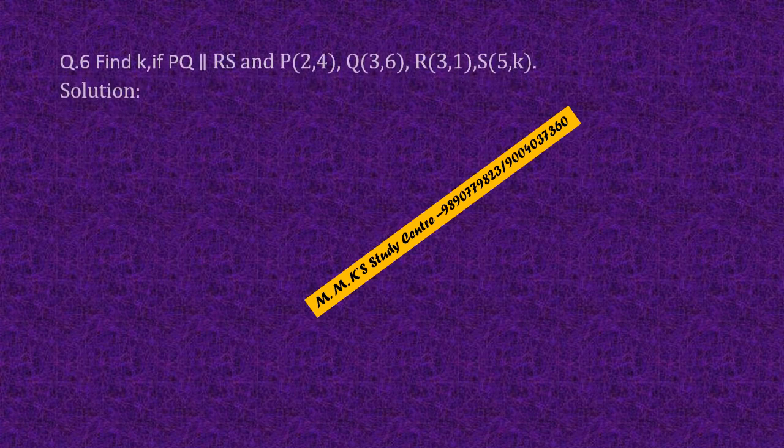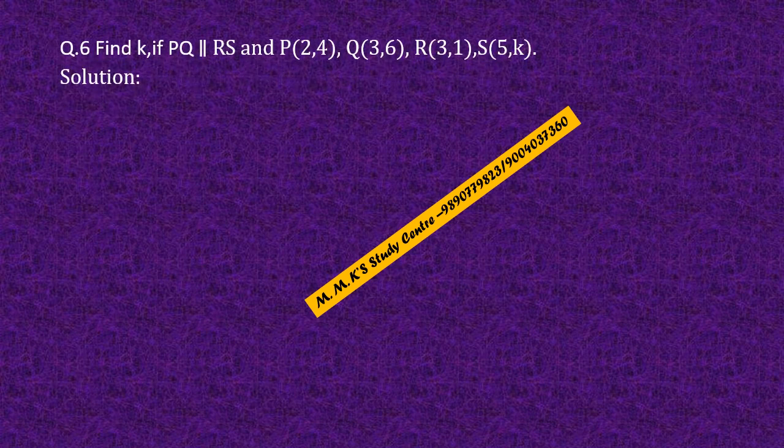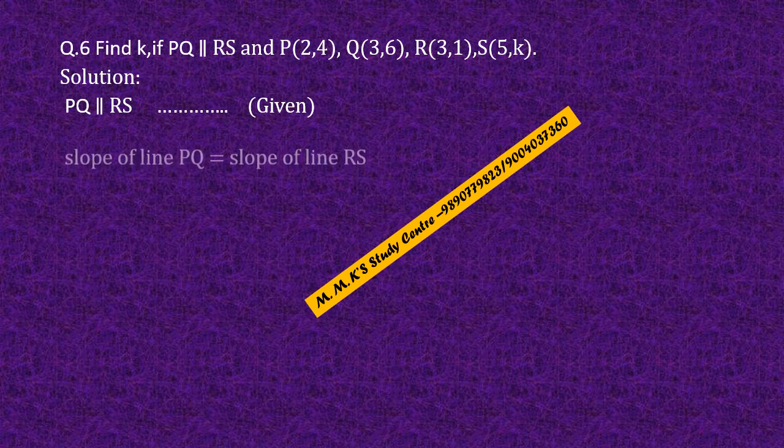Question number 6. Find the value of k if PQ is parallel to RS and the coordinates of P, Q, R, S are given to us. First we will use the given: PQ is parallel to RS. If the lines are parallel, their slopes are equal. So slope of line PQ is equal to slope of line RS.